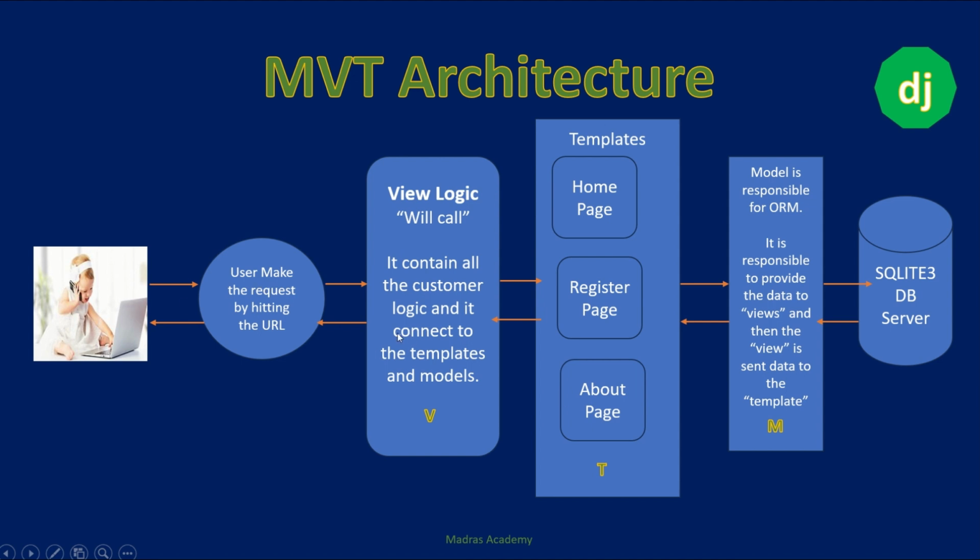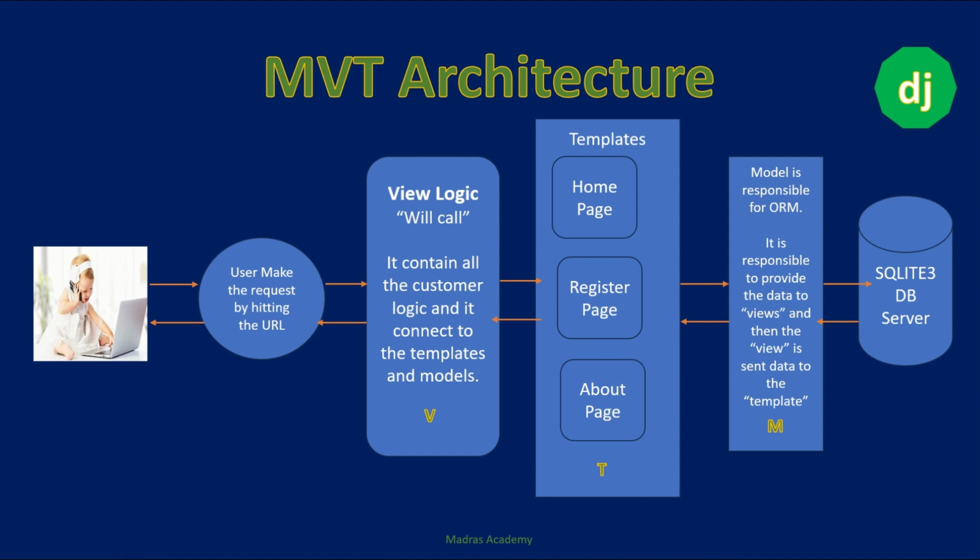In the same way, the about page will also display. If the user asks for the registration page URL, this registration page will display to the user, and in the registration page they can register their details, right? They enter the name, email ID, mobile number, everything. Once I click the submit button, we need to store the value to the database.